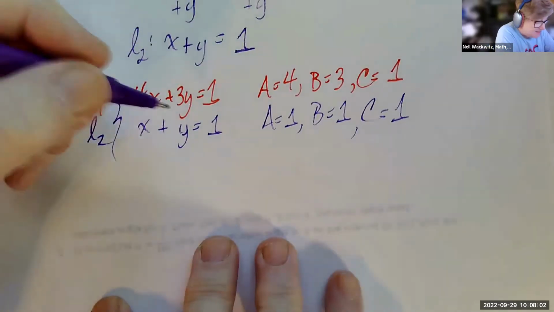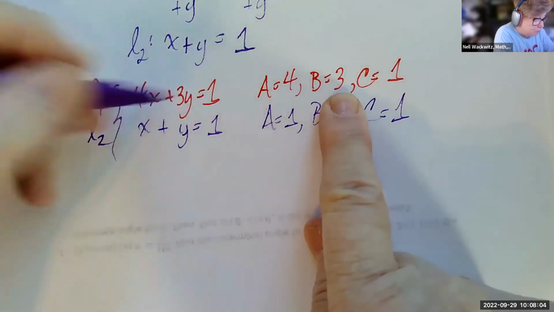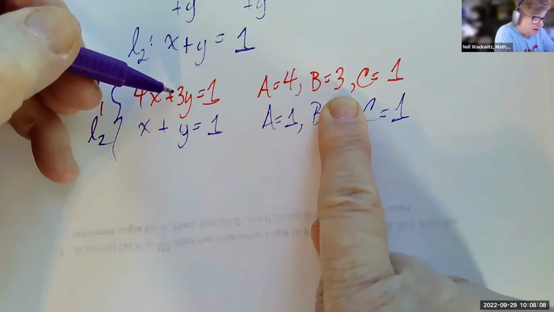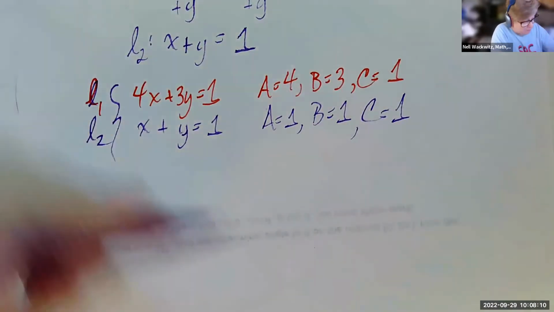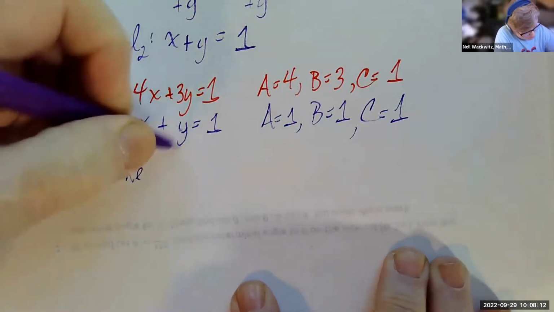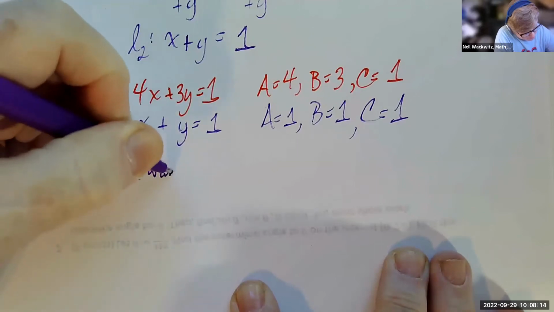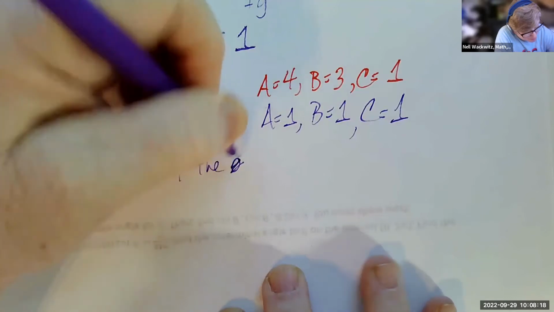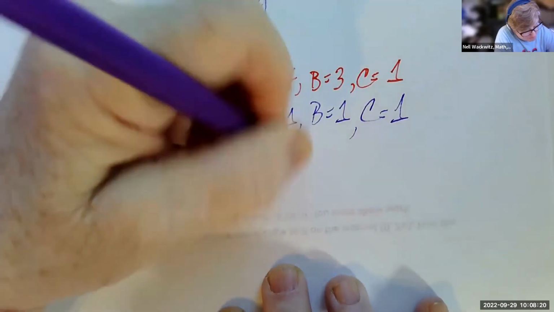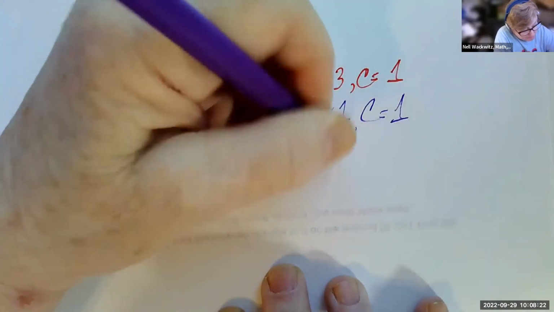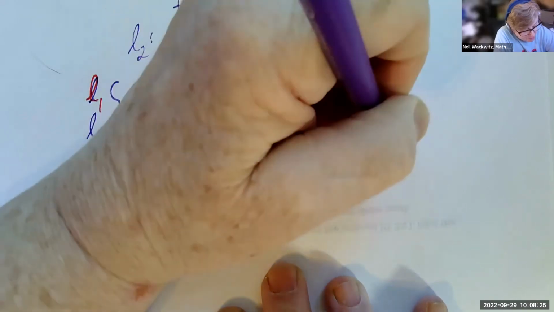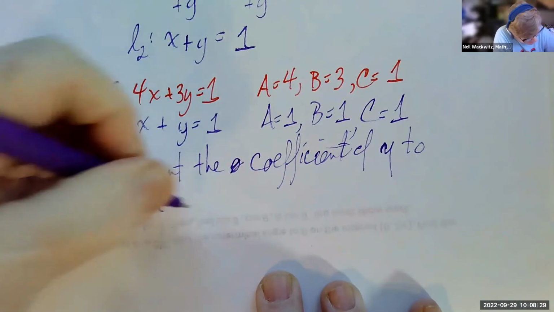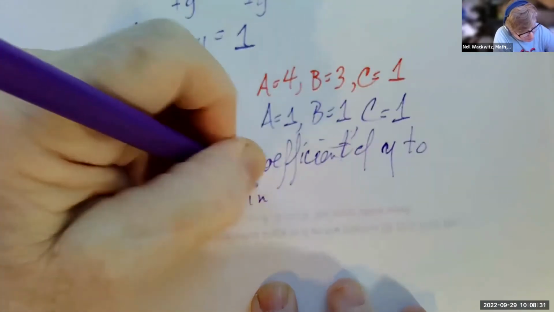So since in line 1, the coefficient of y is +3, we want the coefficient of y to be -3 in line 2.